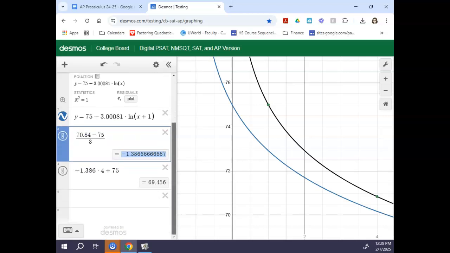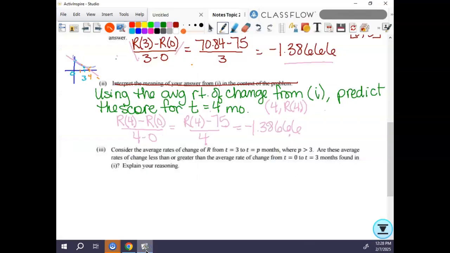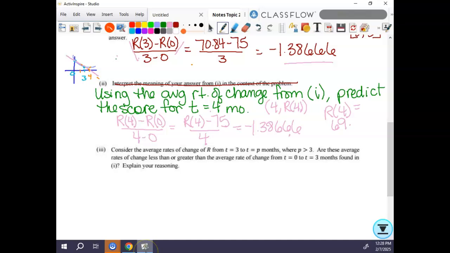But let me put this back in here correctly. This is supposed to be 333, right? Oh, no. It's not a 666. There we go. Okay. So what I got was R of 4 equals 69.45336.